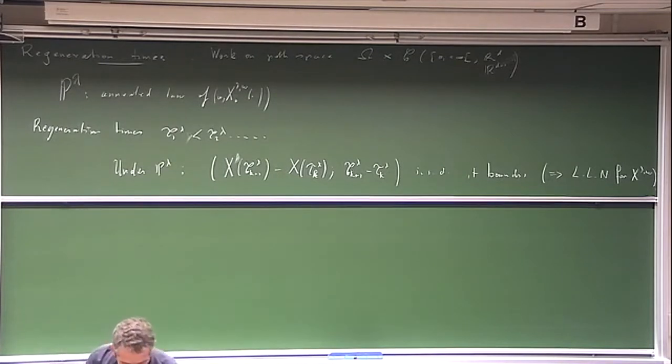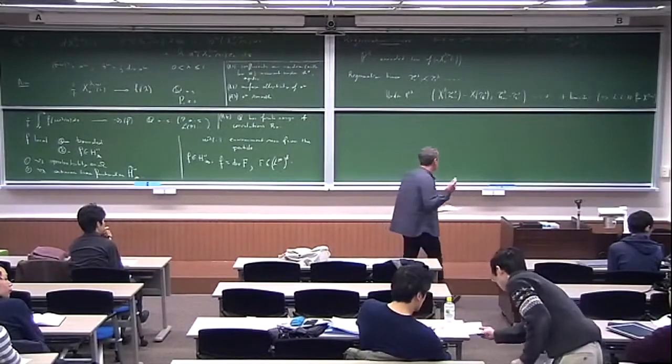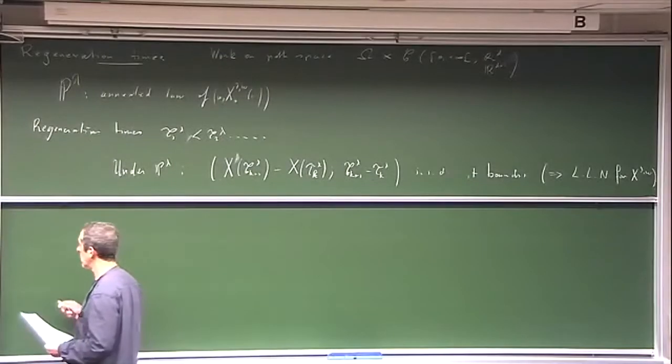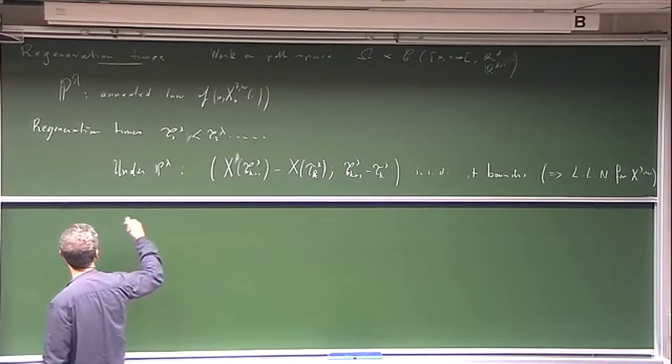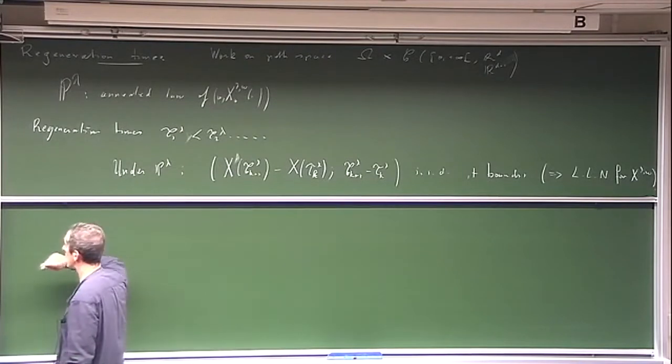So let's go. Maybe. No. I wanted to recall one other thing, which is the lemmas that we proved last time, which will allow us to get some bound on the regeneration times.